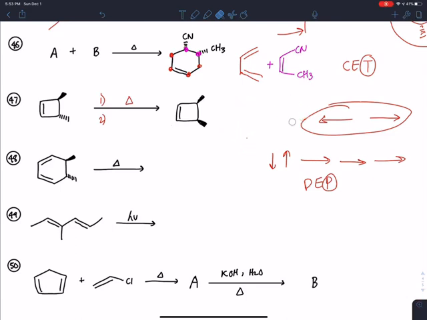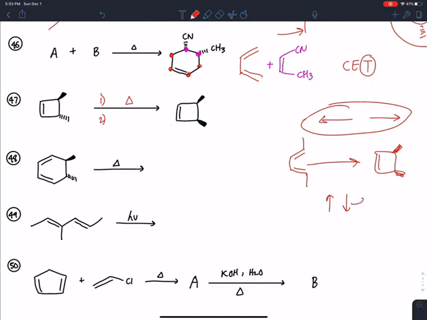I know if I did thermal, that would be the top option, and my middle thing would look something like this. Now I want this to go to this. I want them to face the same way at the end. If they were facing opposite ways in the beginning, how can I make them face the same way?